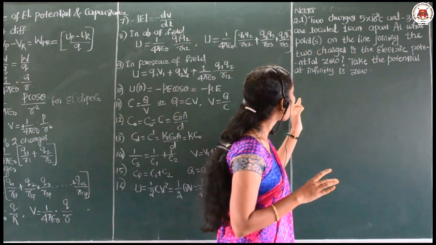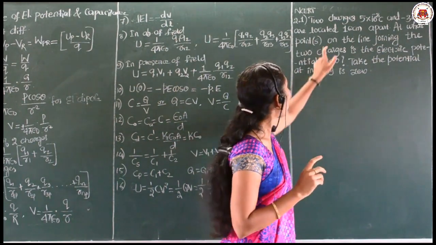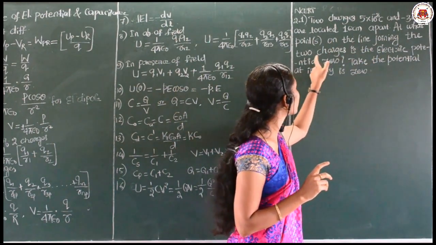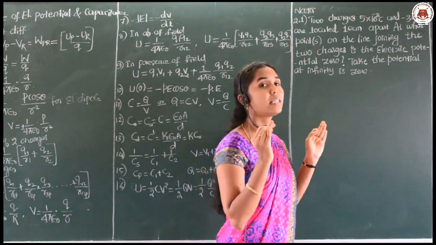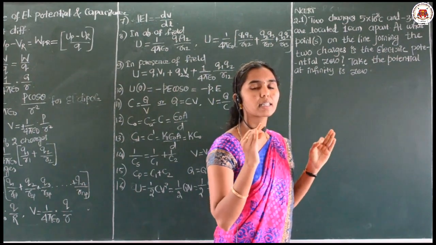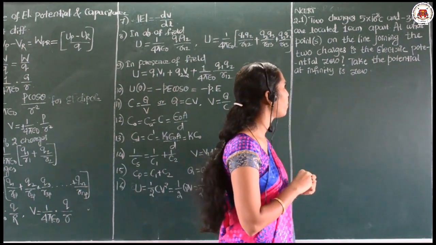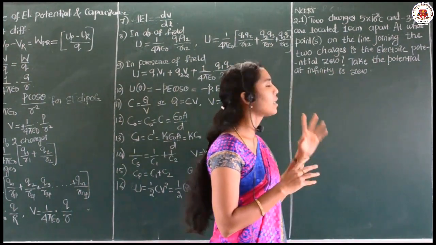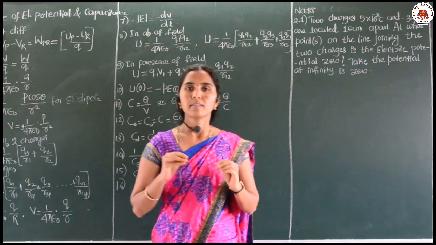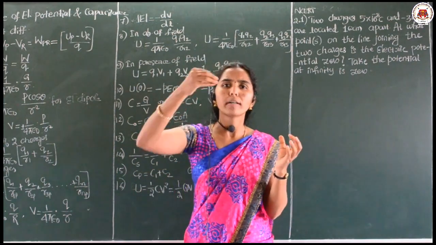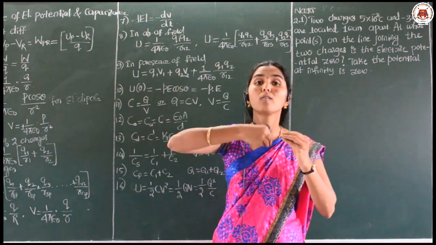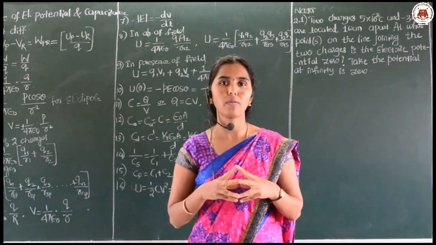At what point or points on the line joining the two charges is the electric potential zero? Take the potential at infinity as zero. See children, when you read, after that you should come to know what the given data is and what the question to solve is.